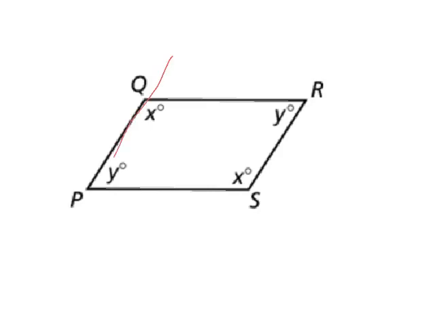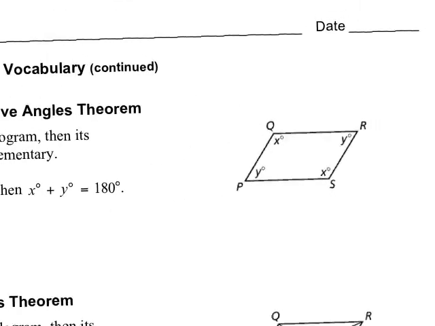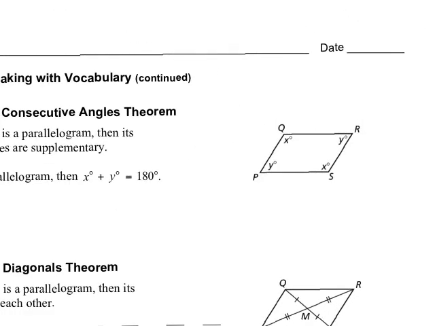Parallel lines cut by a transversal. These two are still consecutive interior angles, which means they're supplementary. So what this means is, guys, since I have two sets of parallel lines like this, any consecutive angles in a parallelogram are supplementary. So we have two rules about angles.